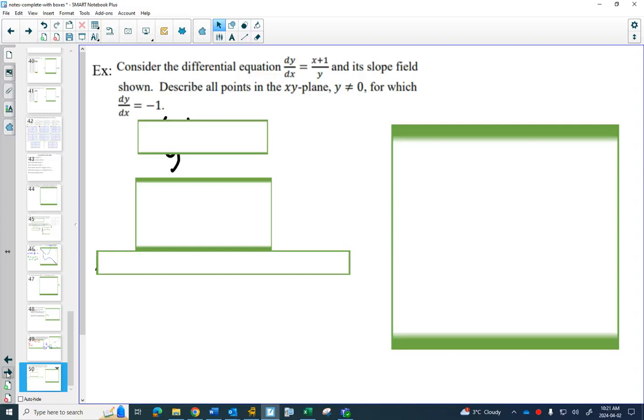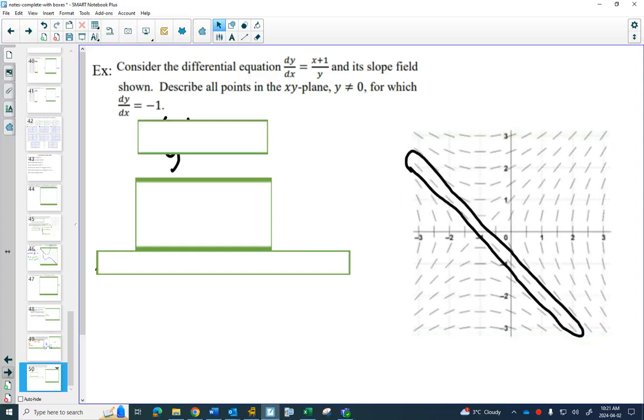And our last question here, consider the differential equation dy/dx equals (x plus 1) over y, and its slope field is shown. Describe all the points in the xy plane, y not equal to 0, because y equal to 0 is not allowed, for which dy/dx equals -1.